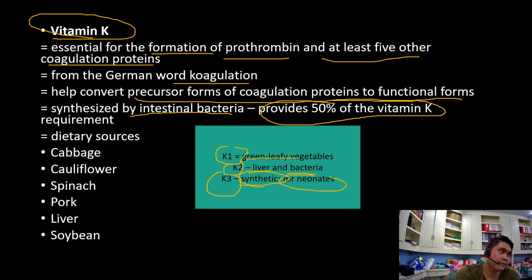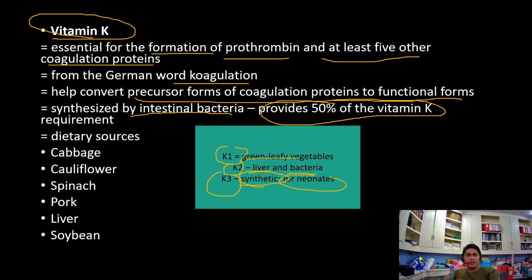They don't have vitamin K produced by their gut flora because their gut is sterile pa. They haven't been exposed to microorganisms yet. So for them to develop gut flora, they need to be exposed. So that's for vitamin K, gut flora, and also neonates.